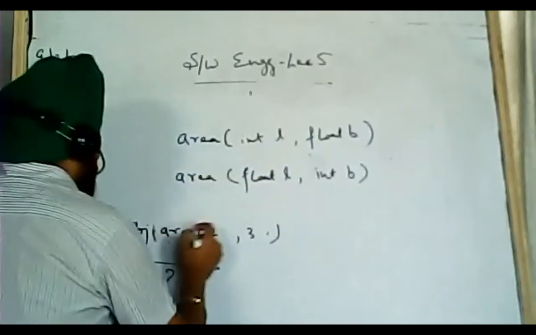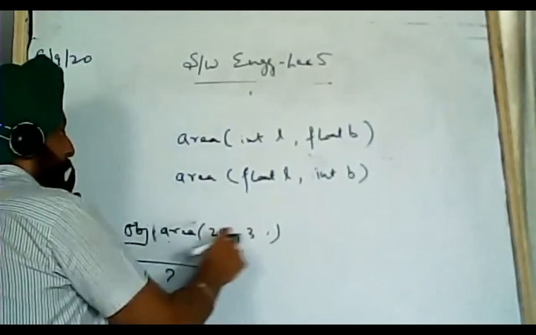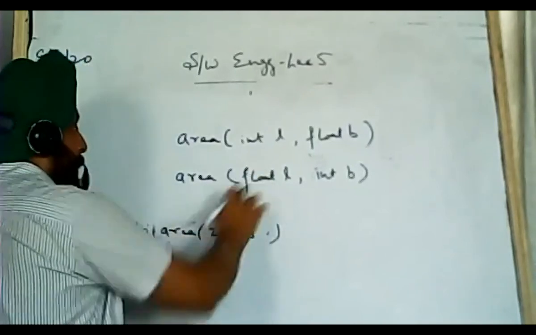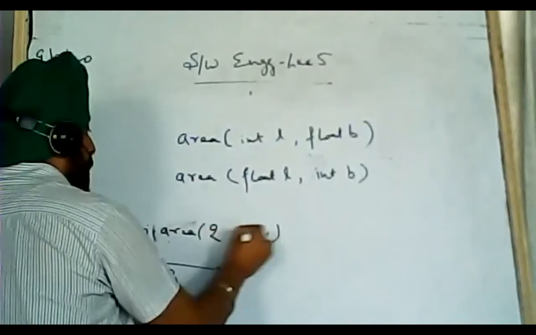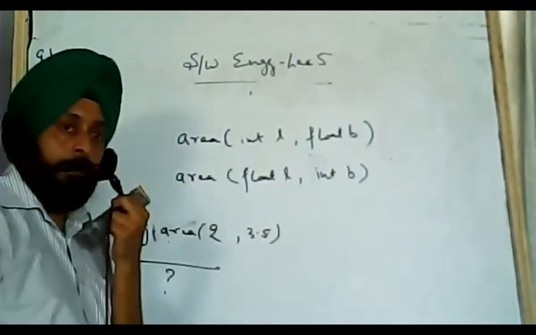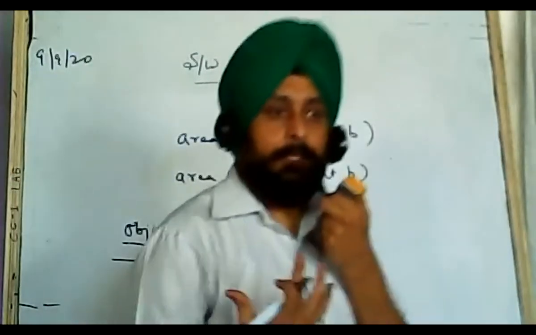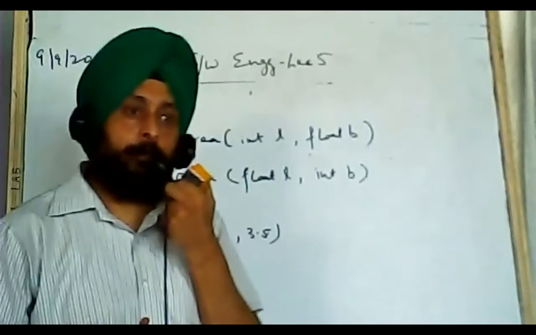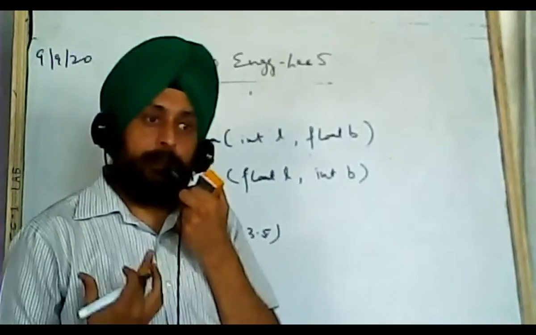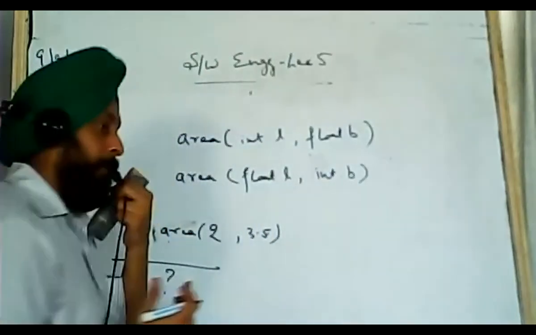If I call object area 2.0 and 3, first is float, second is integer, so this will be called. If I write 2 and 3.5, then this will be called. So these are the methods of how one can achieve polymorphism in the concept of classes and objects.